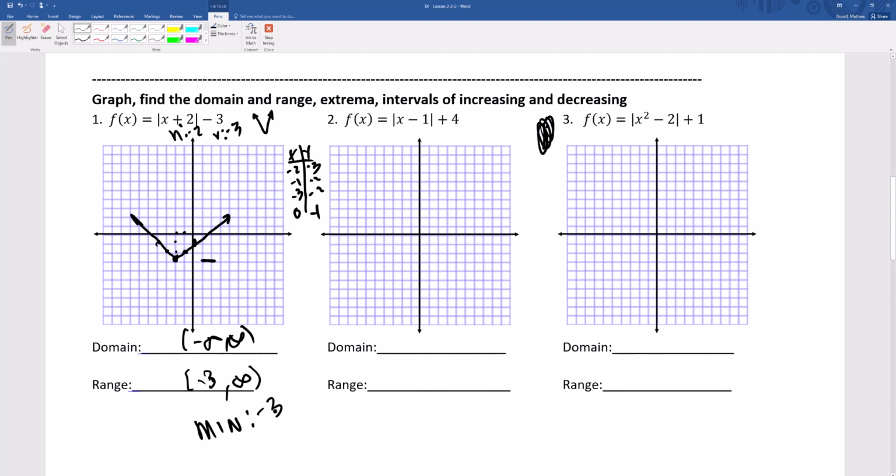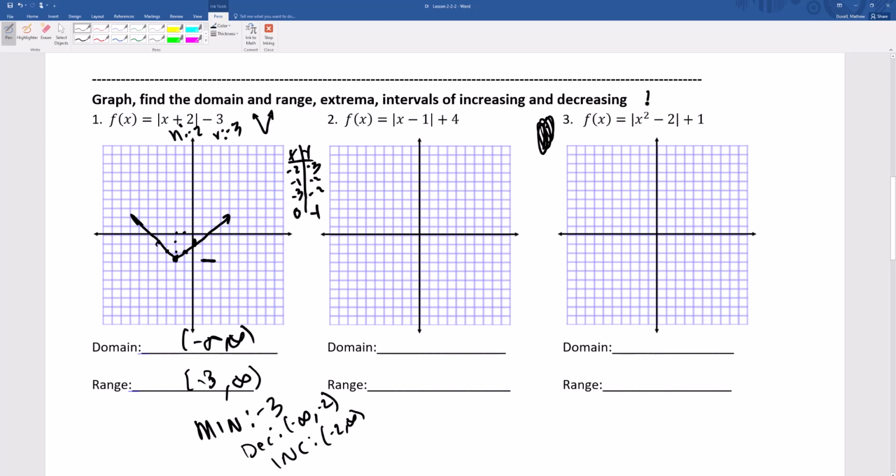So I have a minimum at -3. My intervals of increasing and decreasing: it's decreasing from -infinity to -2, and increasing from -2 to infinity. And we can move on to the next one.